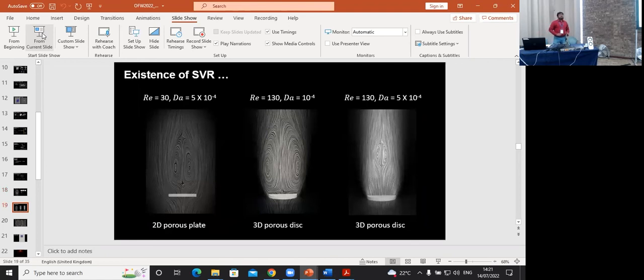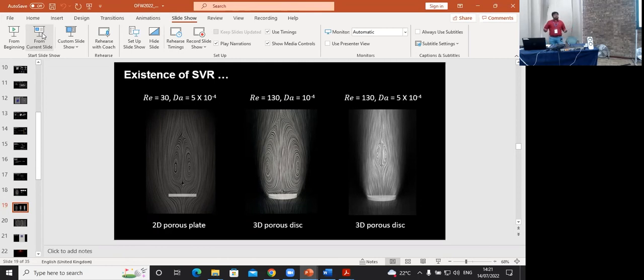Now, the interesting thing we wanted to understand is how this flow topology changes from 2D to 3D. We see that qualitatively the topology remains the same, but there is a significant difference in a quantitative sense of Reynolds number. The 2D flow field only gives us a stable vortex ring at a very low Reynolds number of 30, but when we go to a Reynolds number of 130, equivalent to the experiment, the 2D flow field becomes unsteady and vortex shedding happens.